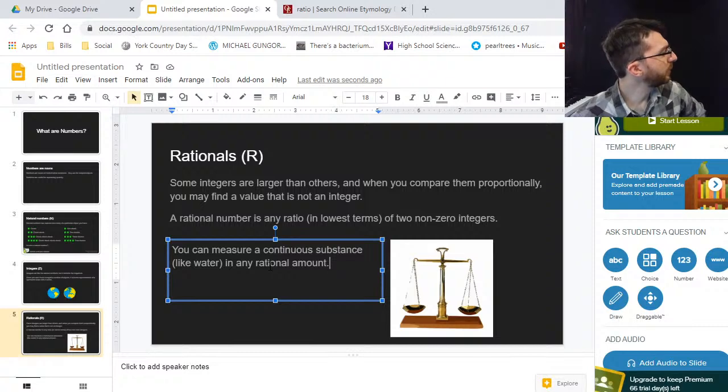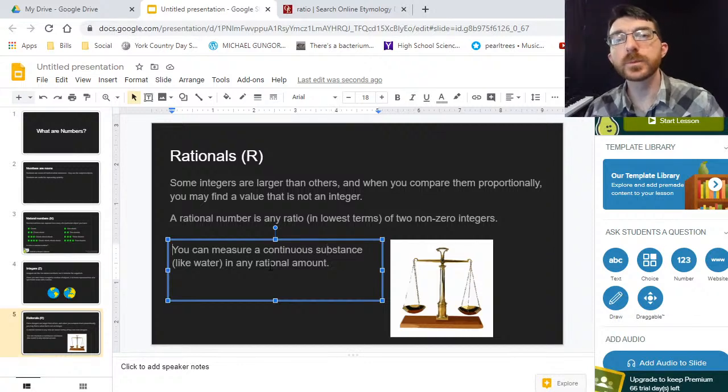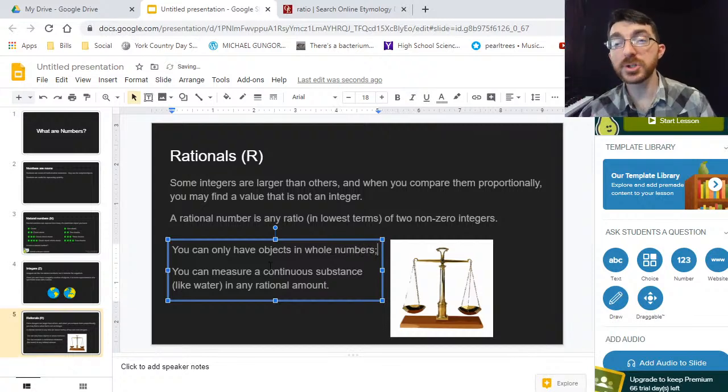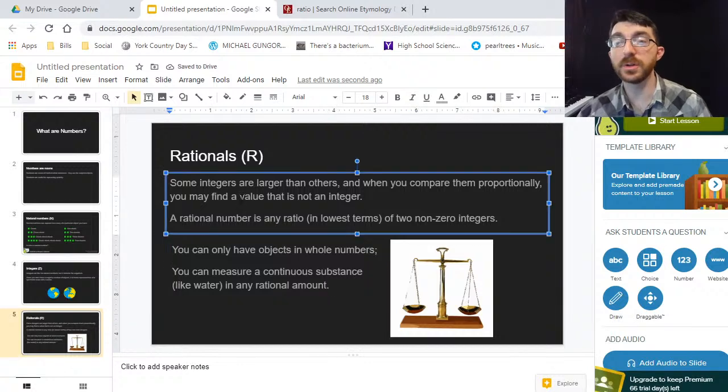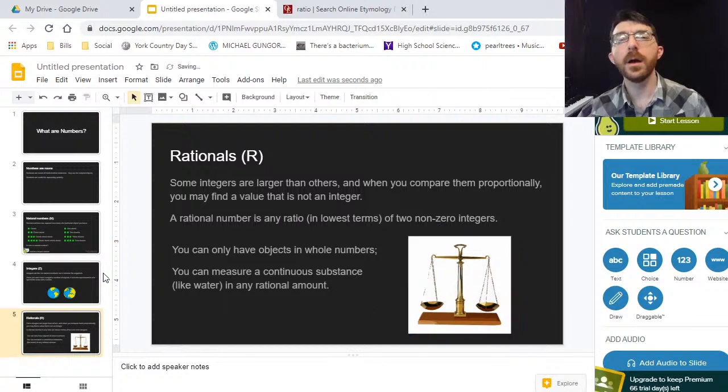I think the correctness of that statement is not worth the awkwardness of the phrasing. You can only have objects in whole numbers, but you can measure a continuous substance like water in any rational amount. Okay, good. Be nice to have some more interaction here.